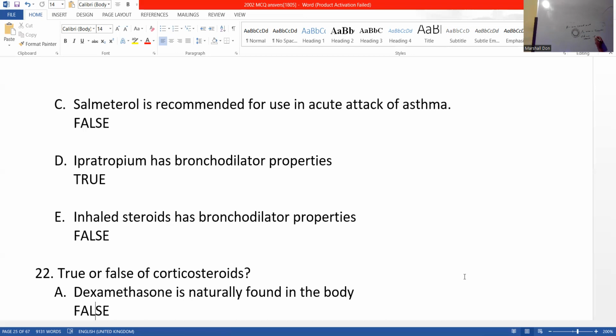This is parasympathetic. Cholinergic line is parasympathetic. These two are opposite. So when beta 2 is stimulated, it gets larger. If cholinergic receptors are stimulated, it becomes smaller. So the airway becomes smaller.